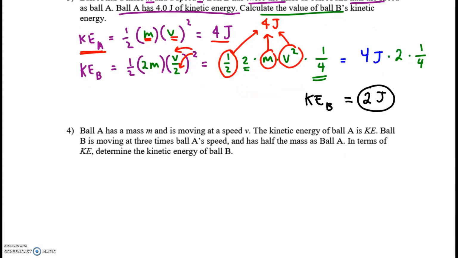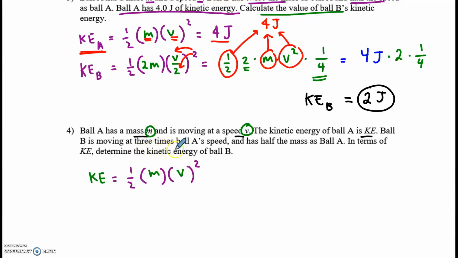As a final example, ball A has a mass m and is moving at a speed v. A's kinetic energy is just KE. All right. So for A, we're going to call the kinetic energy value just KE. We'll call A's mass good old m, and v stands for A's speed.